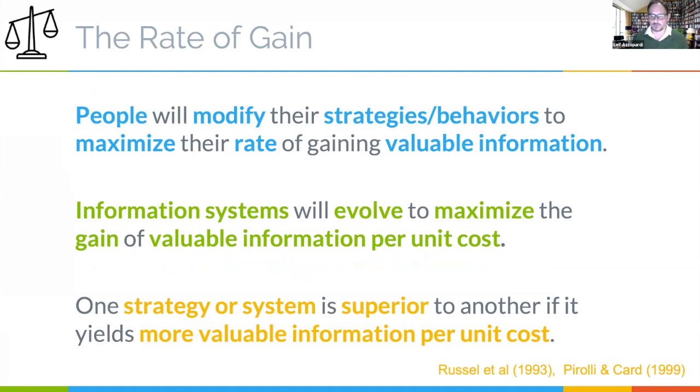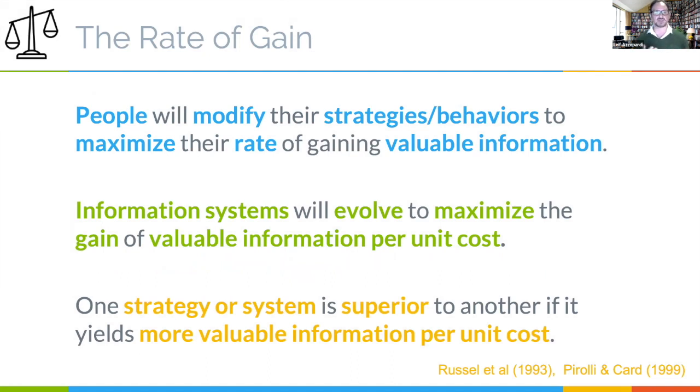Russell, Pirolli and Card, over 20 years ago, basically made the claim that people tend towards being rational. People will modify their behaviors and strategies, the way that they interact with the system, in order to maximize that rate of gain. They won't try to use the system in a way that gets worse performance out of it.